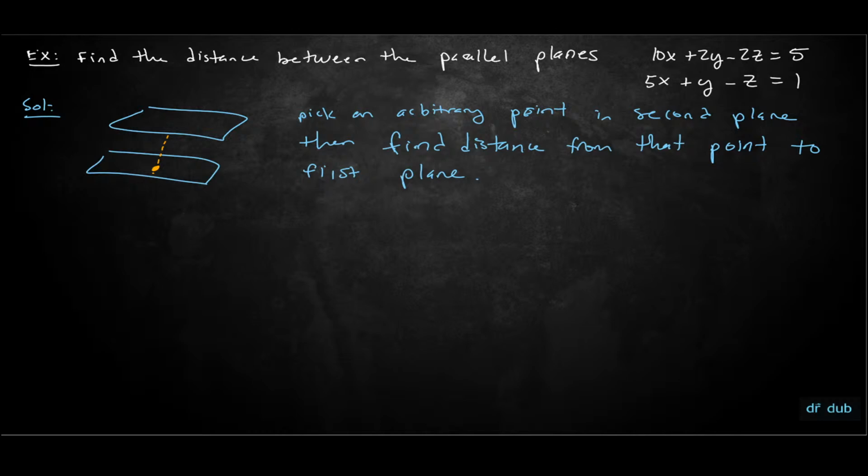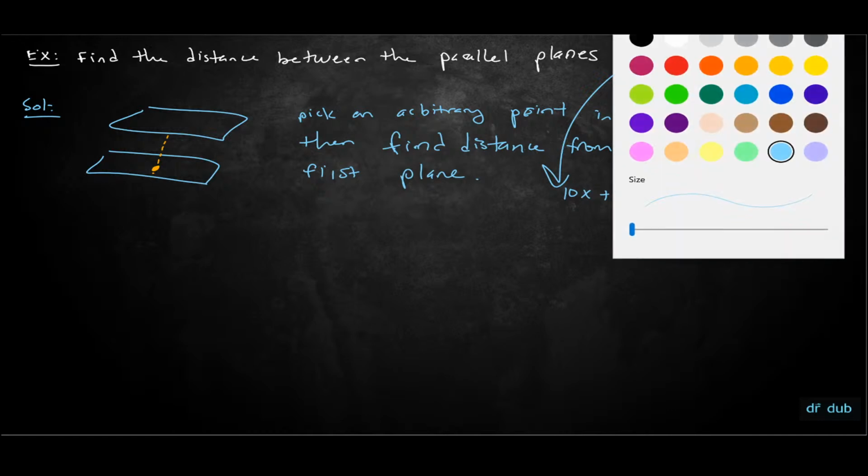So probably what I want to do for that first plane is rewrite it as 10x plus 2y minus 2z minus 5 equals 0.